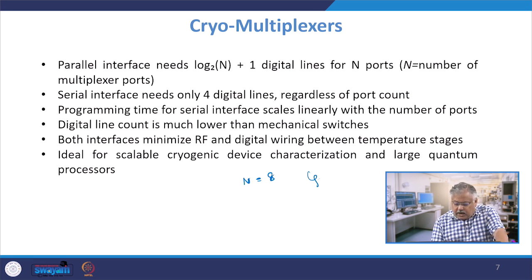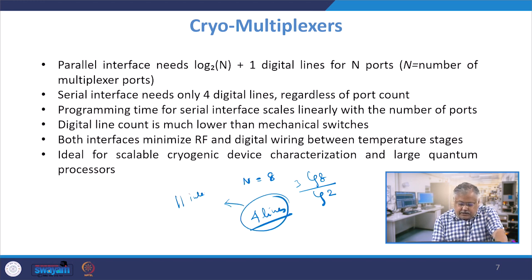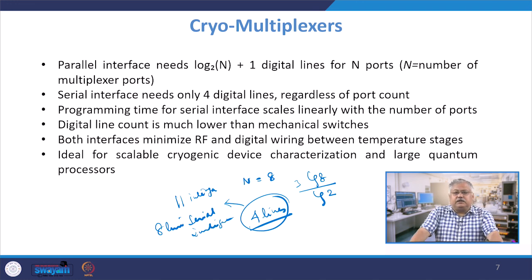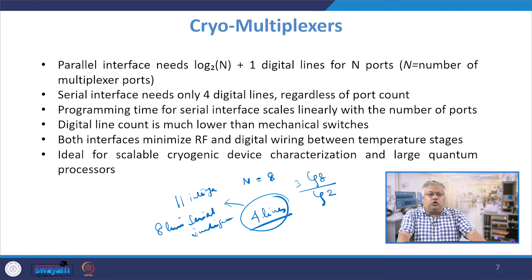We get log 8 to the base 2, and 8 is 2 to the power 3. So, 3 plus 1, you require 4 lines for parallel interface, whereas you require 8 lines for serial interface. So, you see, just by increasing the number of ports, serial interface gives you a much larger number of lines as compared to parallel interface.